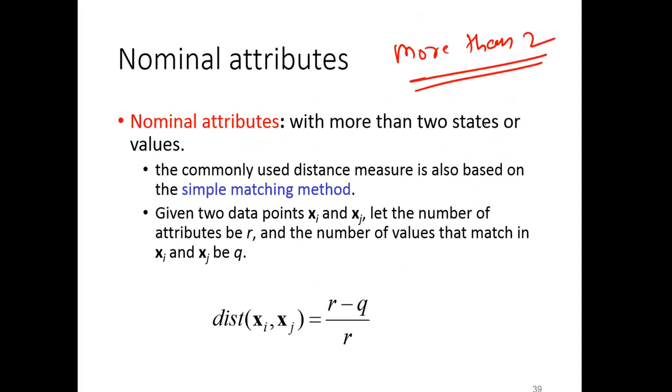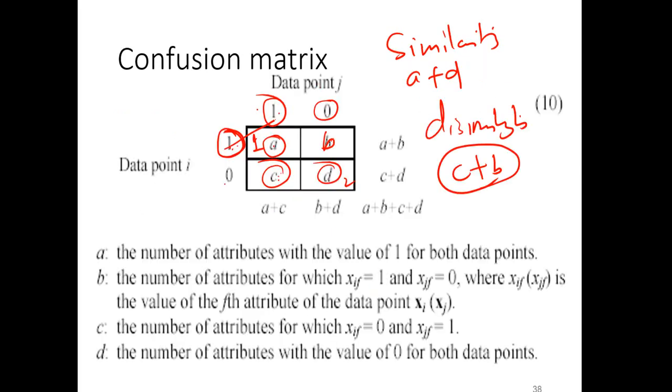In that case, it's simple to calculate. It's just a generalization. You take the total number of categories, let's say that is R, and you see wherever there are matching cases. That means here you can see matching cases, A plus D, where they are the same: both are 1 1 or both are 0 0.